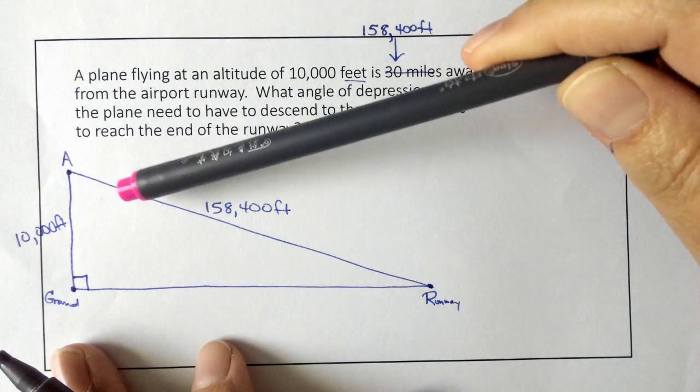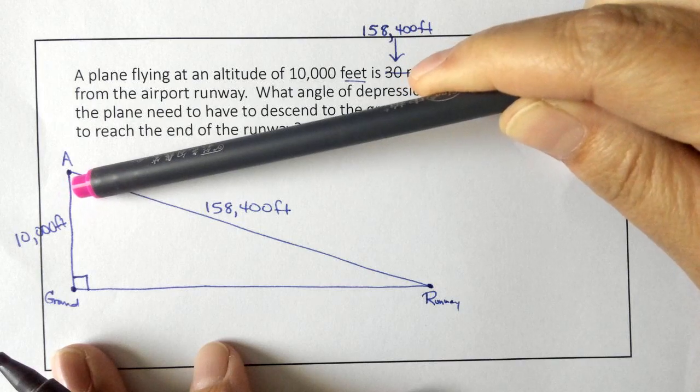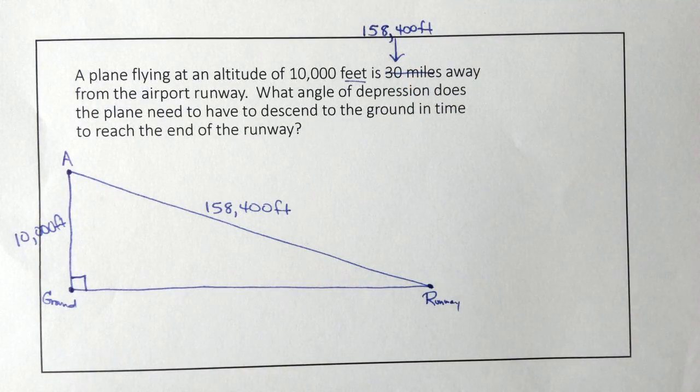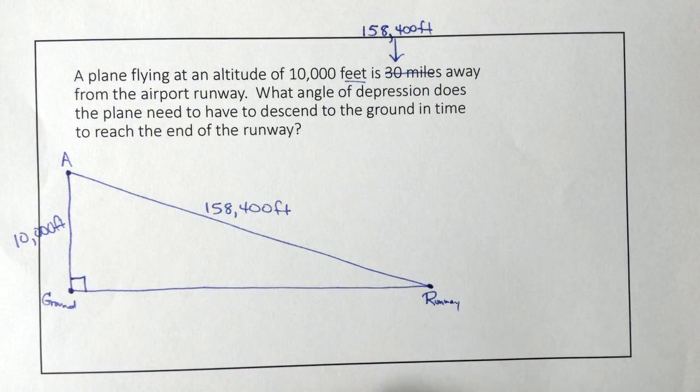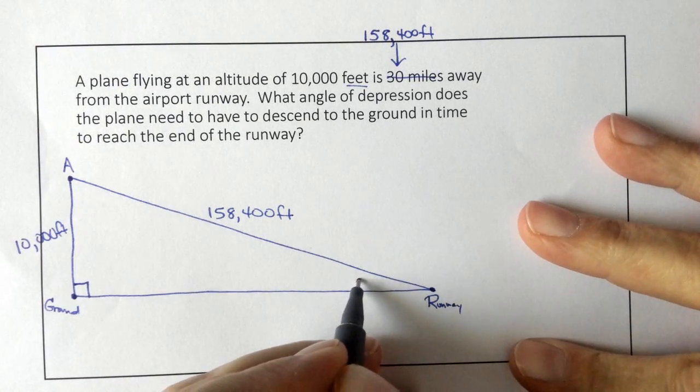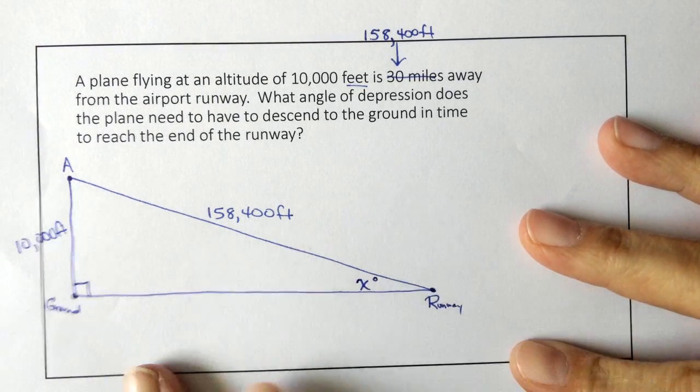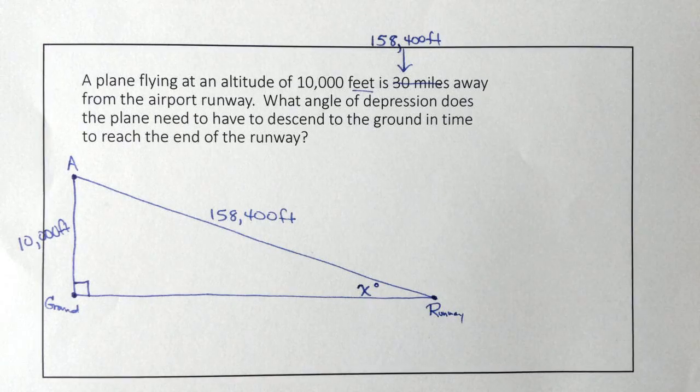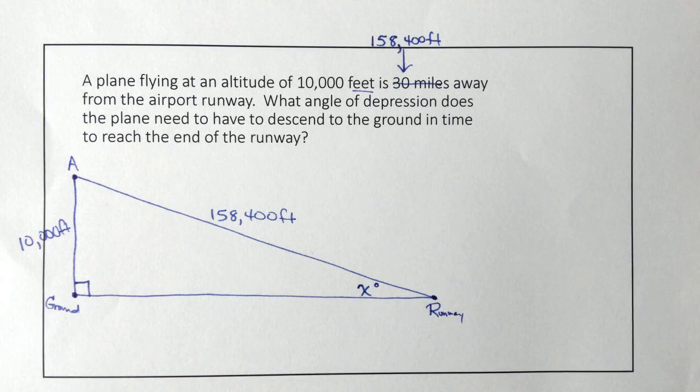Most students want to put the angle of depression up here on the top of the triangle. That's the wrong place. It's actually down here in the bottom. So the unknown angle we're looking for is x degrees between the ground and the hypotenuse. And that seems kind of weird, but I'm going to give you some insight into why that's where it is.